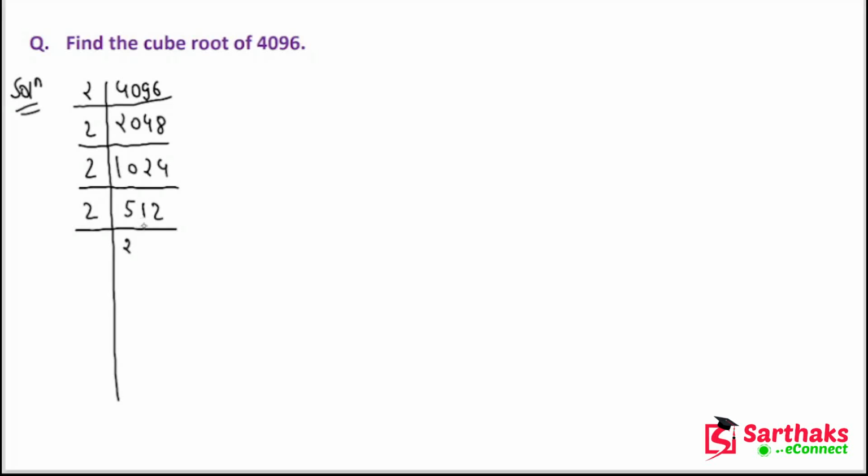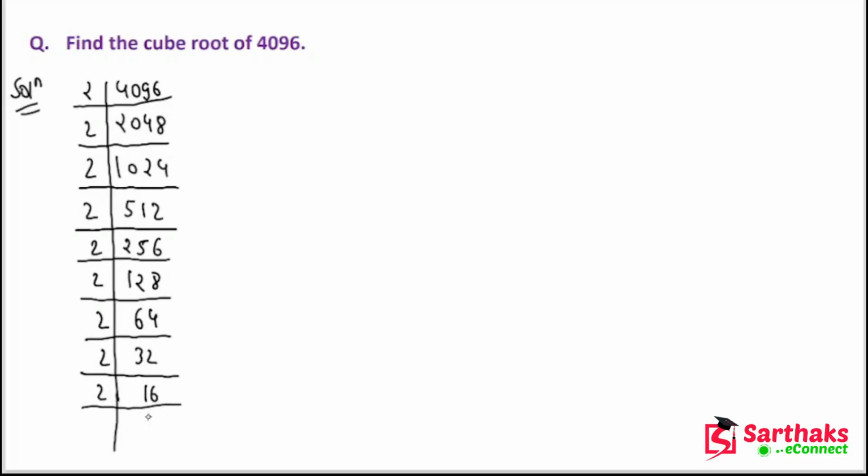So it will be 256. Then dividing by 2 we will get 128. Dividing by 2 we will get 64 and then 32. Then you all know that we are just making half of it. 32, then 16, then 8, then 4, then 2 and then finally 2.